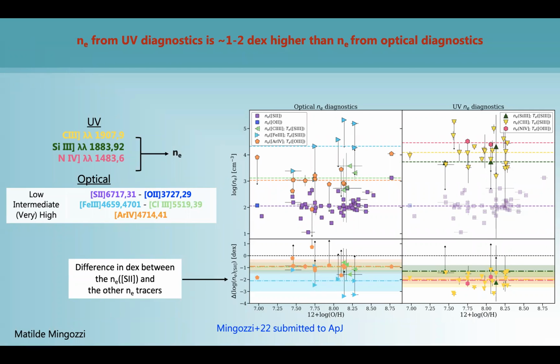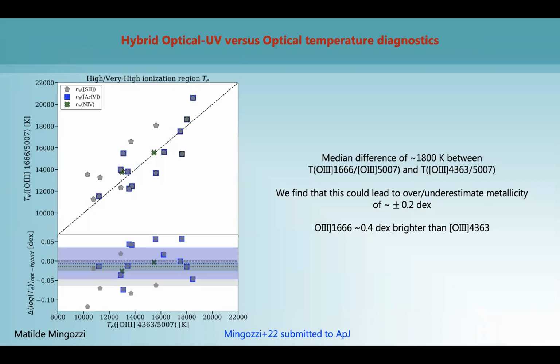There is always an offset of 1 or 2x, apart from the iron 3 lines that have similar densities with respect to the UV, but still these are only upper limits because iron 3 lines are very faint and so difficult to measure.